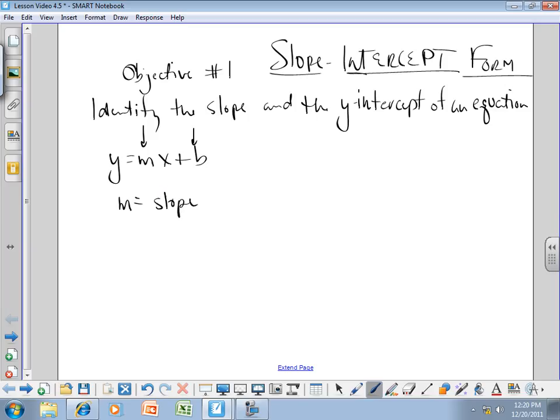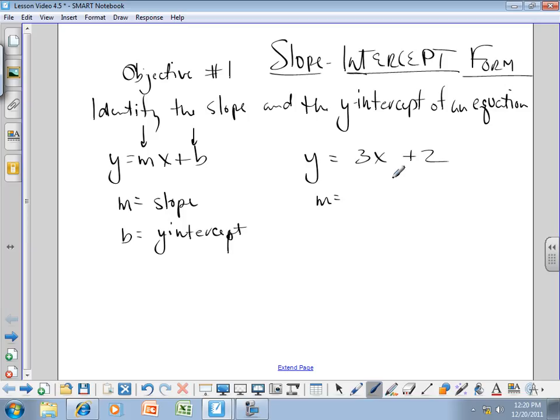Well, I also told you that m is a variable that represents what? That's right. M represents slope. Something you probably don't know is the b in this equation represents the y-intercept. Okay? So here's what you need to know. If you come across an equation that looks like this, y equals 3x plus 2, you should be able to look at that and tell me what the slope is.